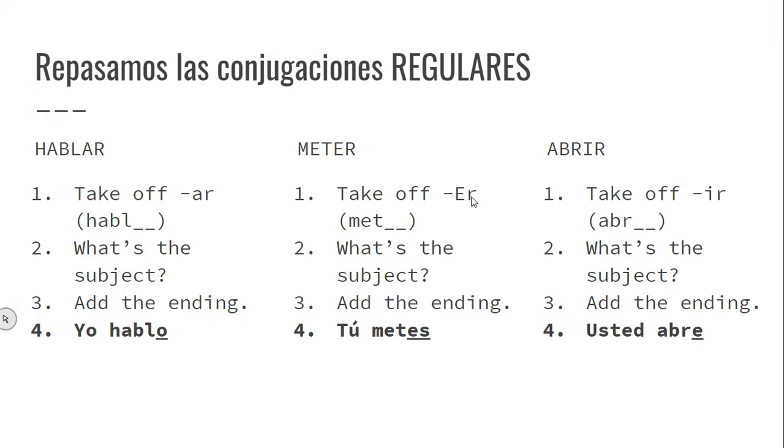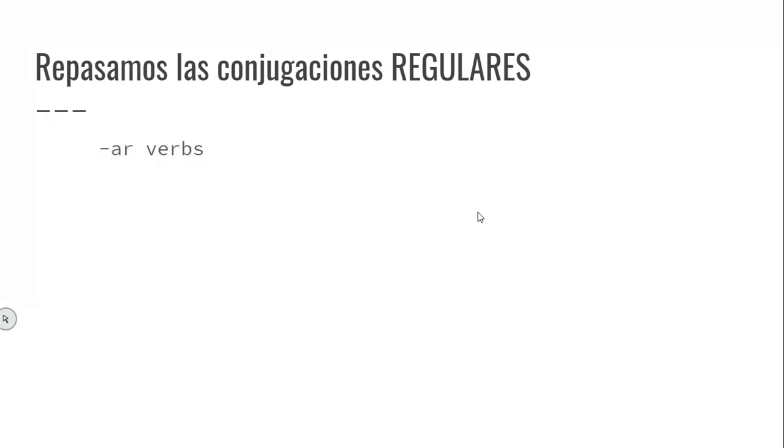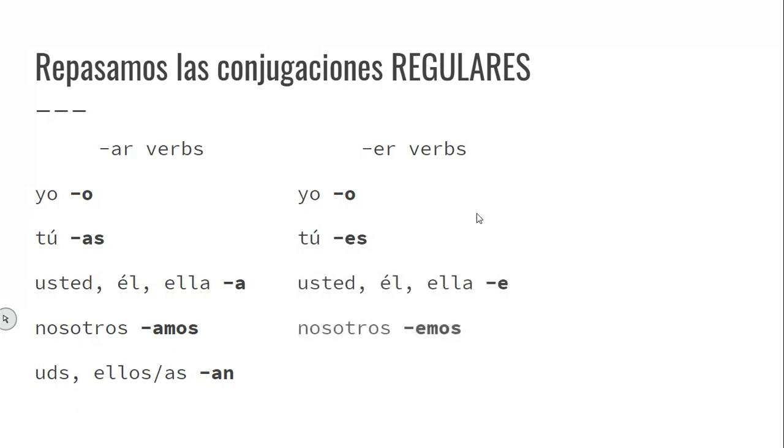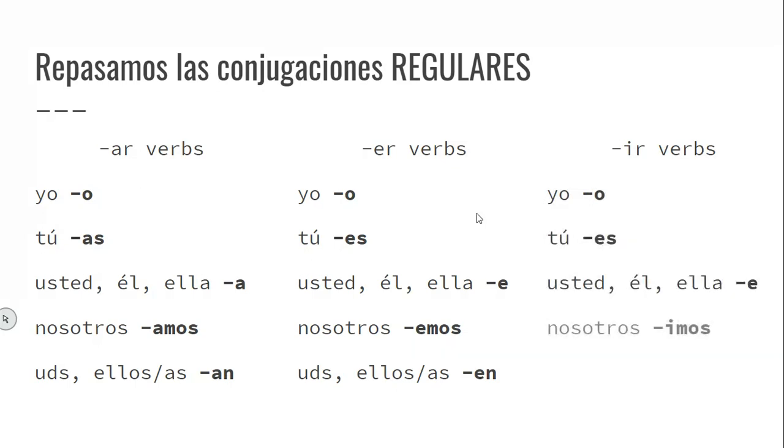That pattern will remain the same with these verbs, okay? So our endings are going to be regular. What's going to be irregular is what goes in between the beginning and ending of our verbs. So again, AR verbs, here's our endings as a review. That's our AR. Here's our ER: o, as, a, amos, an, and then our IR, very similar: o, es, e, emos, en.